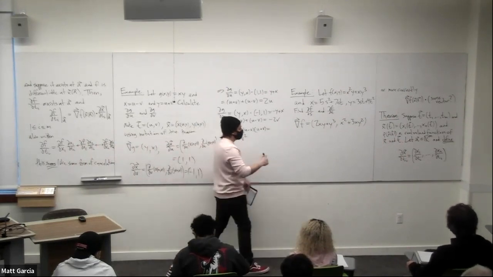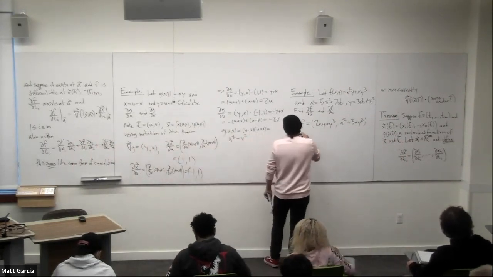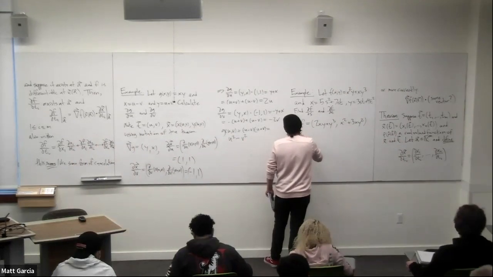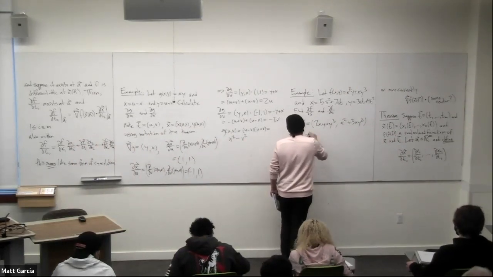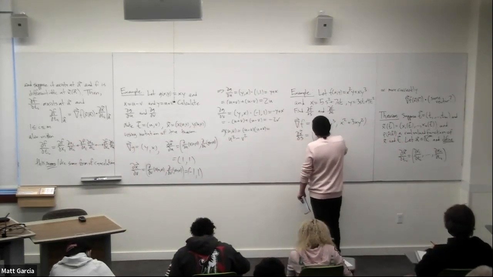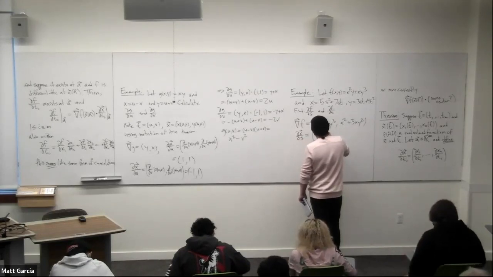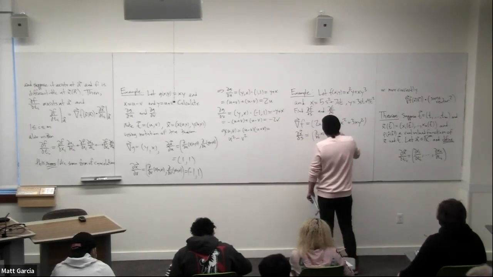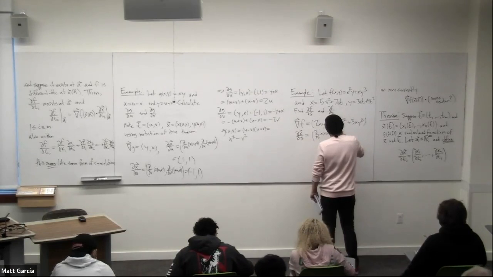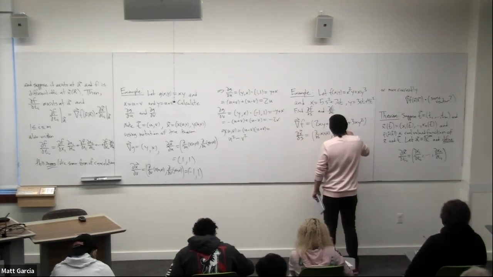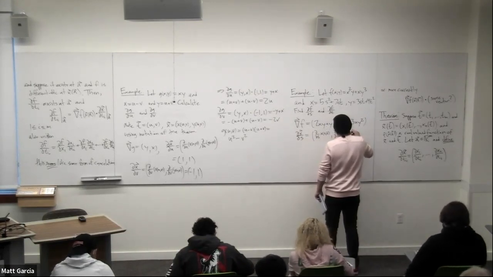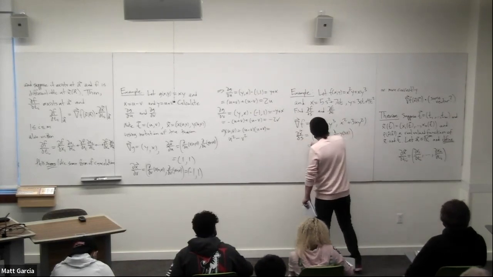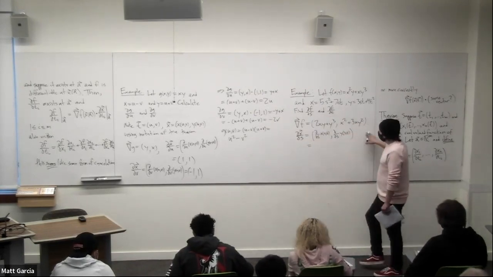Yeah, sure. So the partial of x hat with respect to s will be the partial derivative with respect to s of the function x of (s, t), and the partial derivative with respect to s of the function y of (s, t). Okay, so what does this give us?